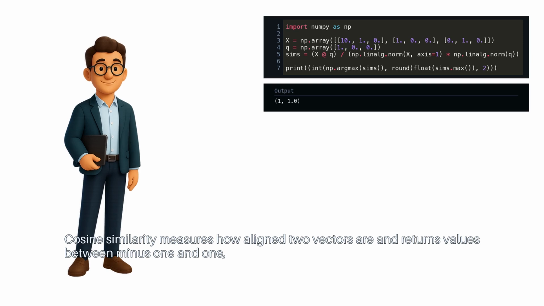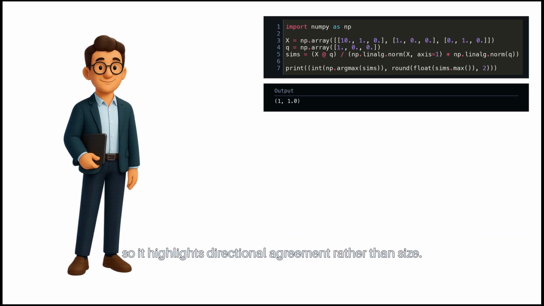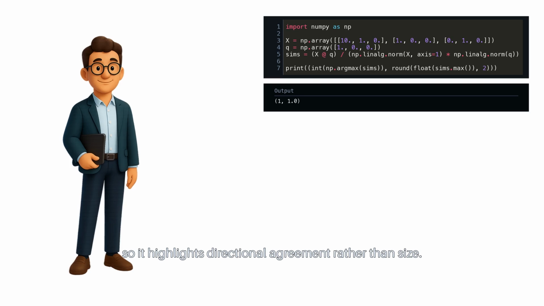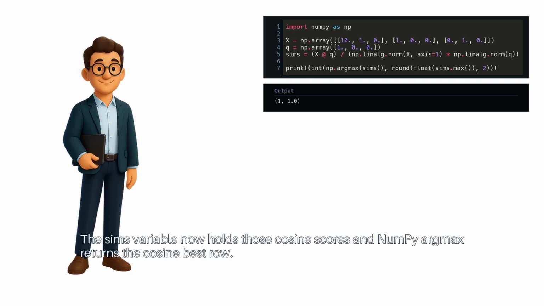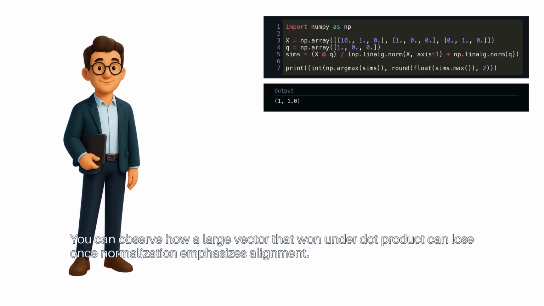Cosine similarity measures how aligned 2 vectors are and returns values between -1 and 1, so it highlights directional agreement rather than size. The sims variable now holds those cosine scores, and numpy argmax returns the cosine best row. You can observe how a large vector that won under dot product can lose once normalization emphasizes alignment.